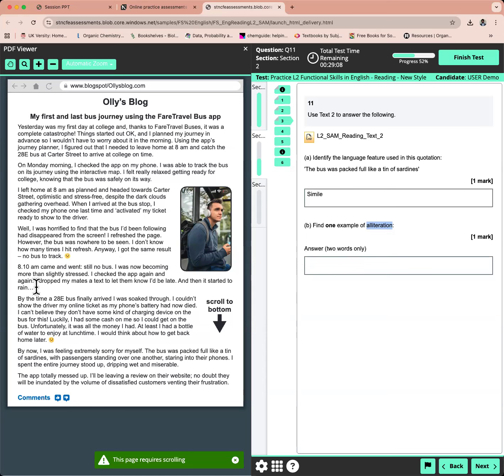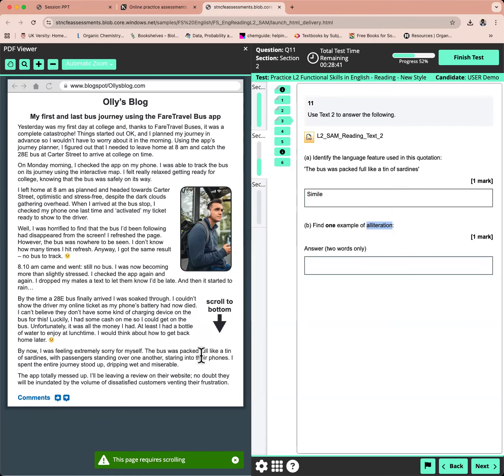So it talks about things like, I figured out I needed to leave home at 8 a.m. Maybe not. First day at college, thanks to. So here you would need to read this part carefully. When I say I need to look at two words, I would need to look at words which appear consecutively and create similar sounds in a particular sentence.